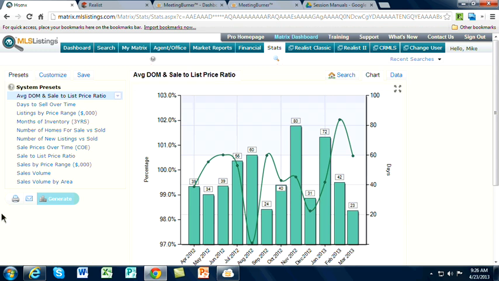And the hard part about the graphs and charts is that you have to look at them and come to some sort of conclusion as to what they're telling you. Right? This is the hard part, because somebody will say, well, what does this mean?